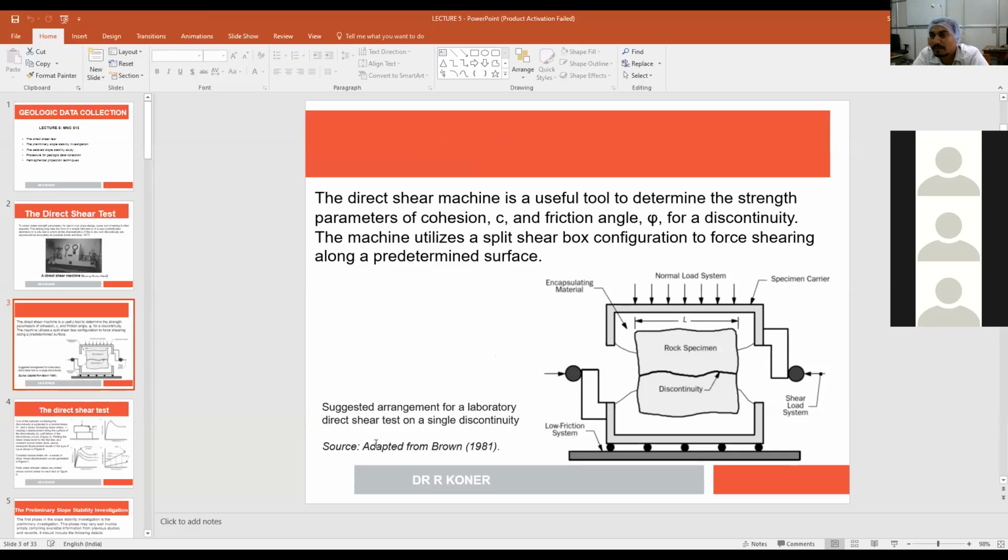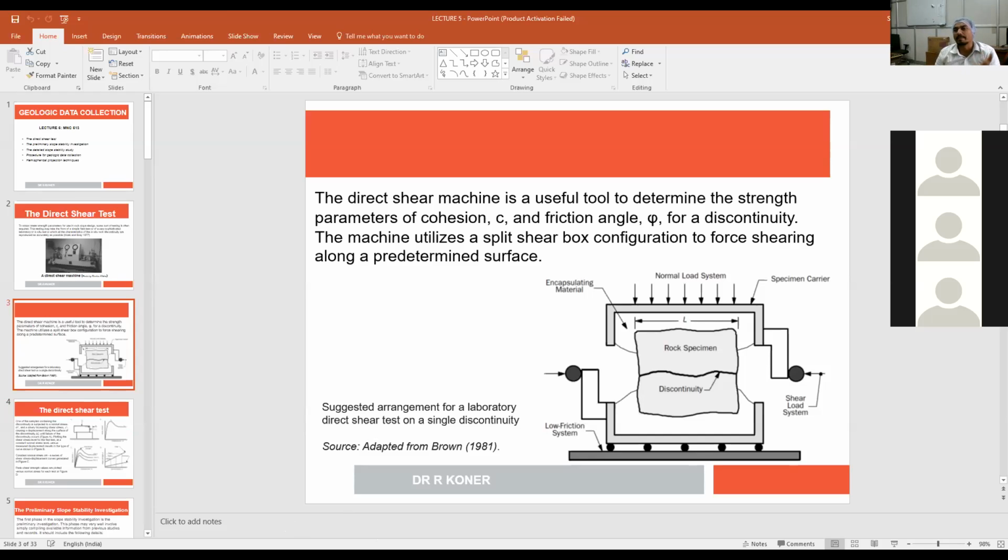Suppose you have collected the sample at 50 meter depth. What would be the overburden pressure? 50 into the rock unit weight. If unit weight is 22 kilonewton per meter cube, 22 into 50 meter, that would be around 1100 kilopascal.